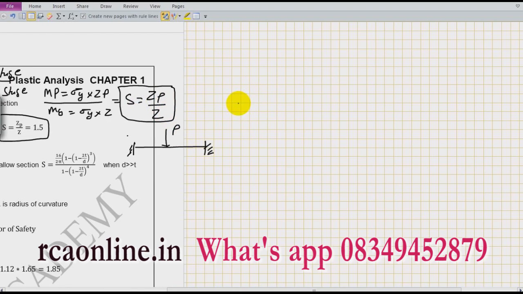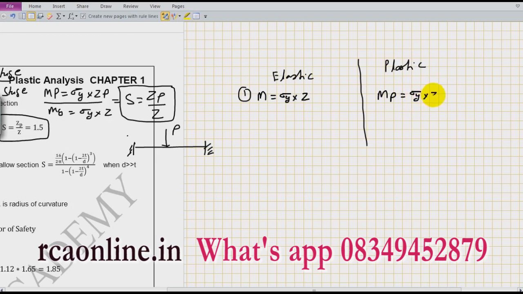Now let us summarize the things we have studied today. So elastic and plastic. The basic equation is M is equal to sigma y into Z. Here M plastic is sigma y into Zp, where Zp is A by 2 into y1 bar plus y2 bar.